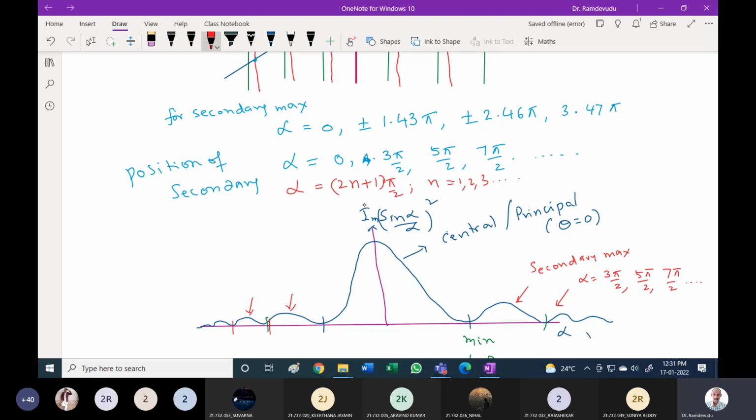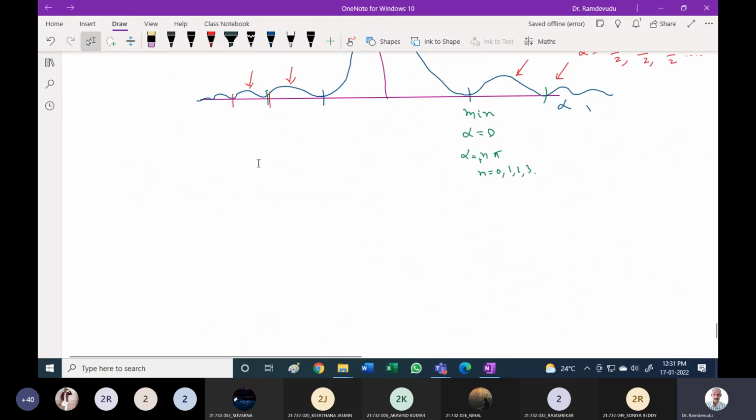It may be plus or minus. If I put n equal to 1, I'll get 3 pi by 2. 0 is not there. If I put n equal to 2, I'll get 5 pi by 2. Therefore, I write alpha equal to 2n plus 1 into pi by 2.